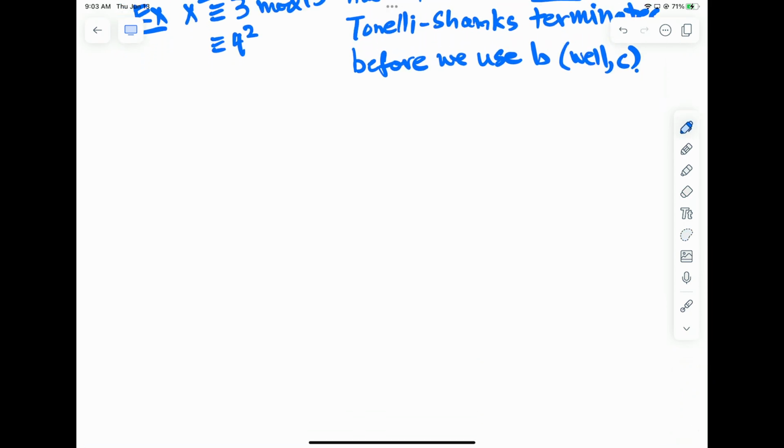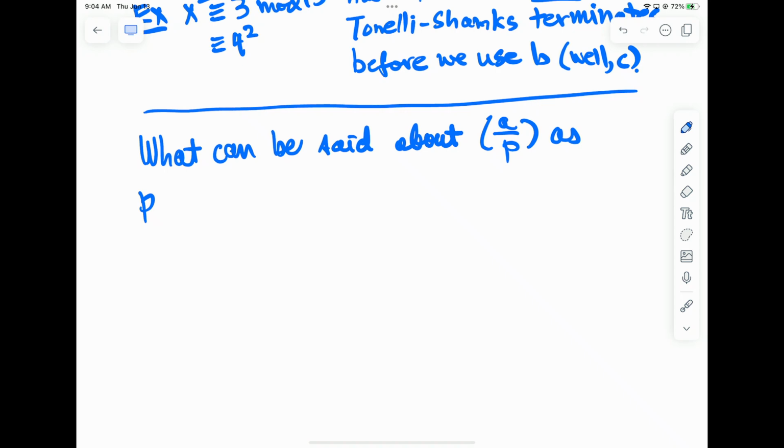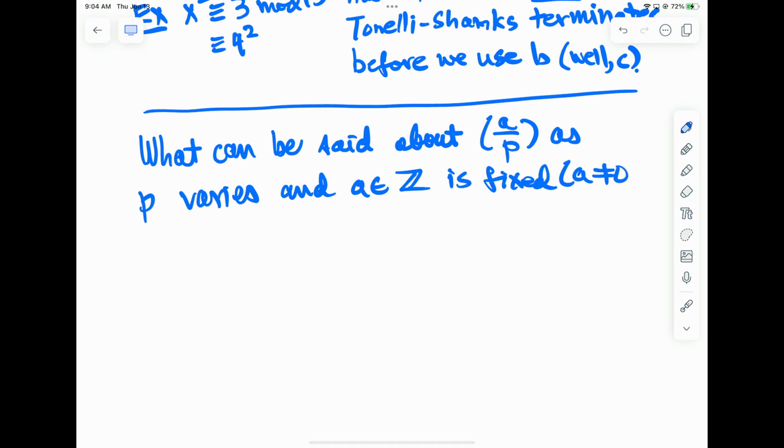New topic. So what can be said about the values of the Legendre symbol as P varies and A is fixed, not the number 0?